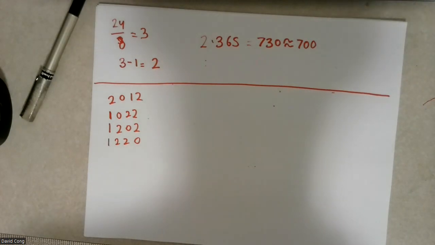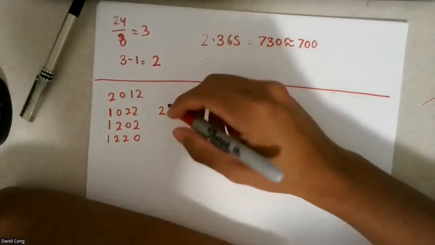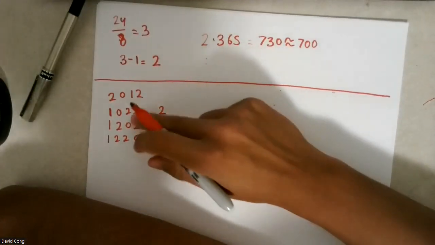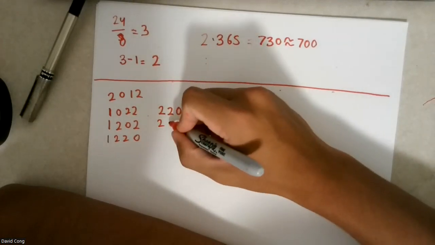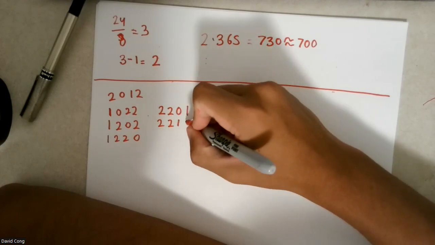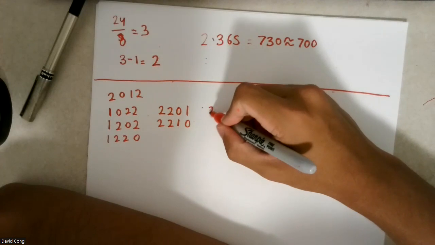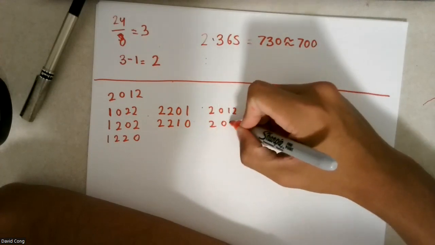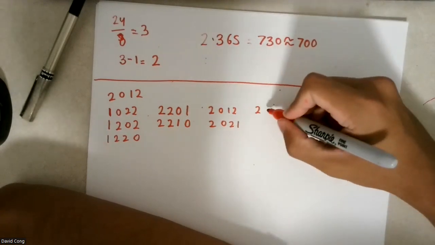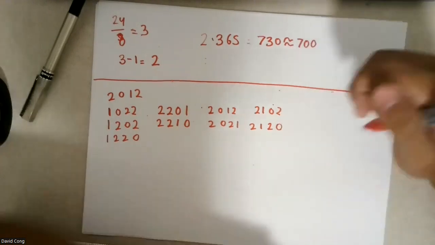Now, what else? We can start with a 2. It's 2, 2, 0, 1, 2.